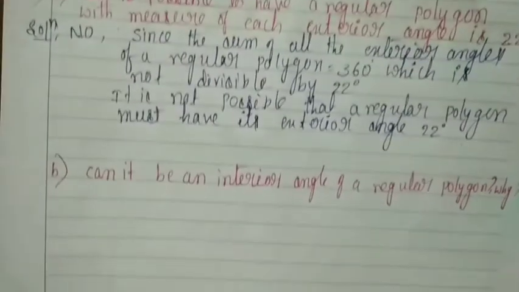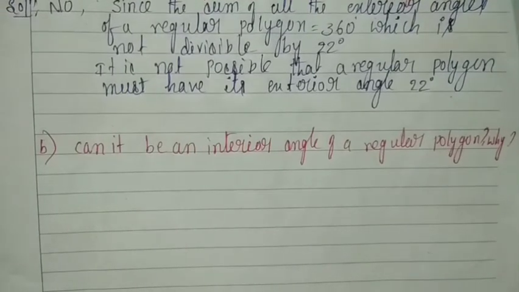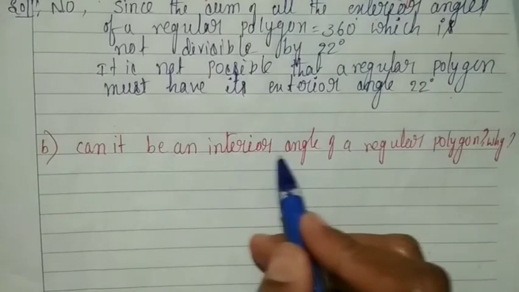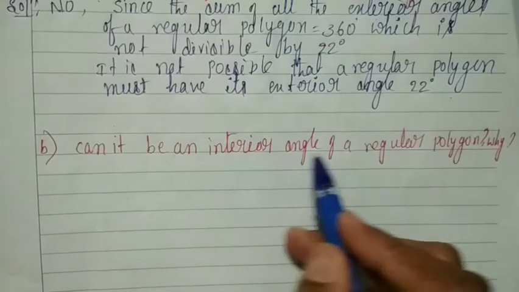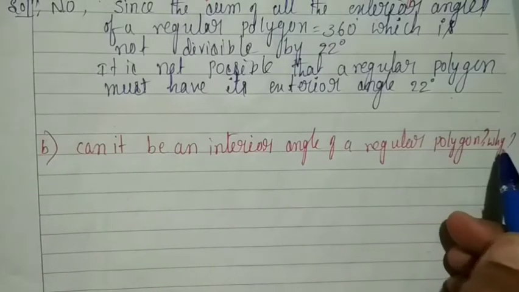Dear students, we can go to the second B. Can 22 degree be an interior angle of a regular polygon? Why?